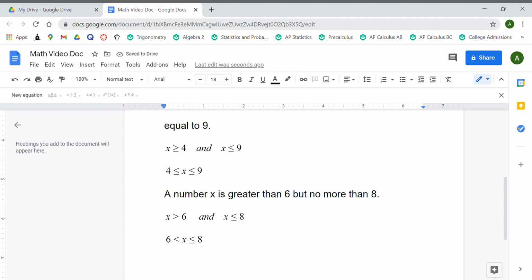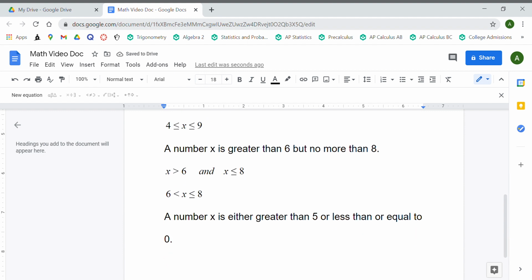Now why don't we try or inequalities? Let's say you have something like this. A number x is either greater than 5 or less than or equal to 0.